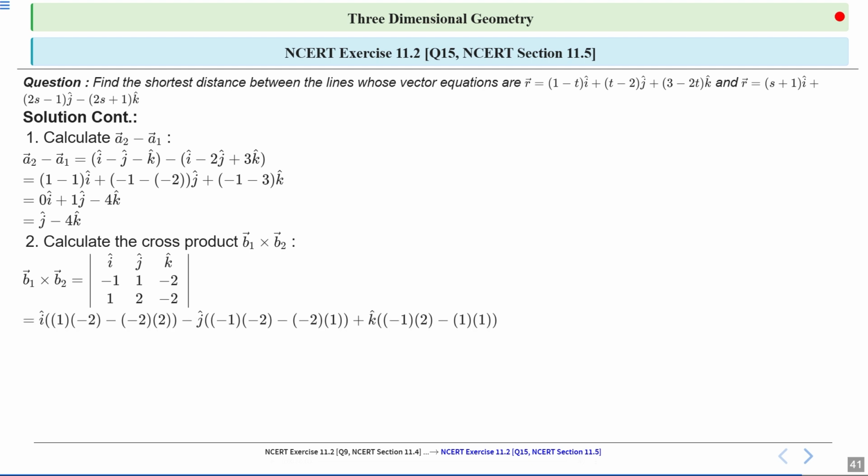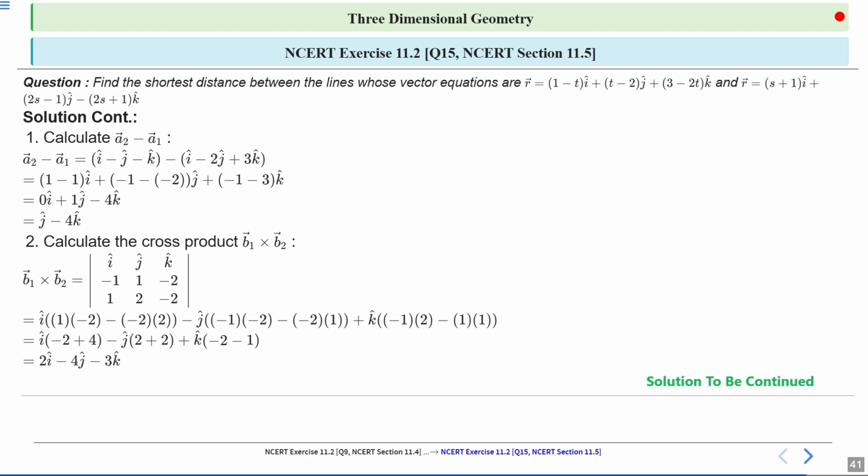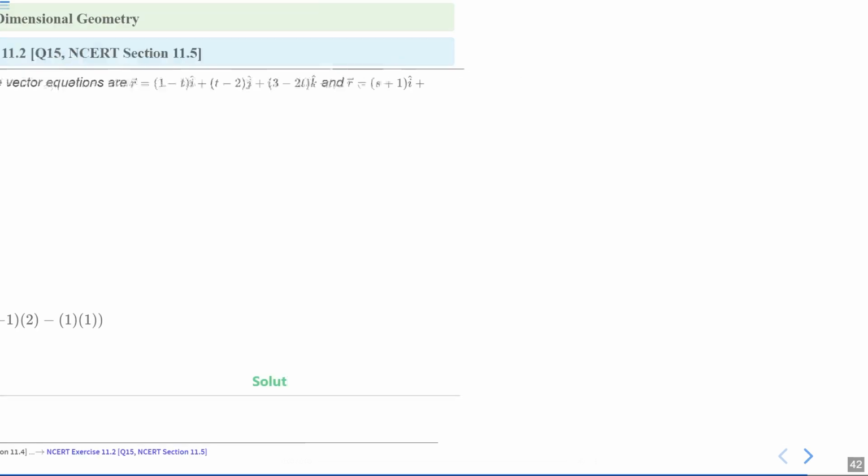So it will be equal to i cap into (1 into minus 2 minus of minus 2 into 2) minus j cap into (minus 1 into minus 2 minus 2 into 1) plus k cap into (minus 1 into 2 minus of 1 into 1), which is equal to i cap into (minus 2 plus 4) minus j cap into (2 plus 2) plus k cap into (minus 2 minus 1), which is equal to 2 i cap minus 4 j cap minus 3 k cap, right? 2 i cap minus 4 j cap minus 3 k cap. Okay.